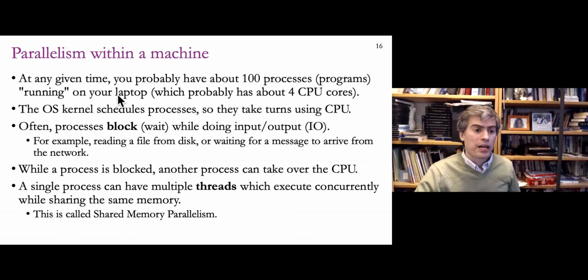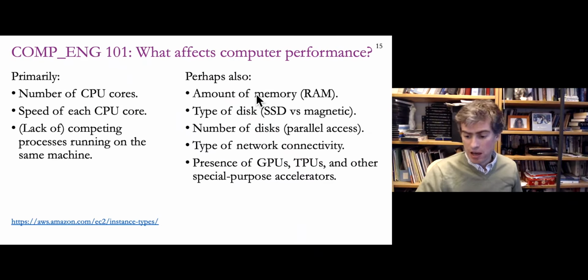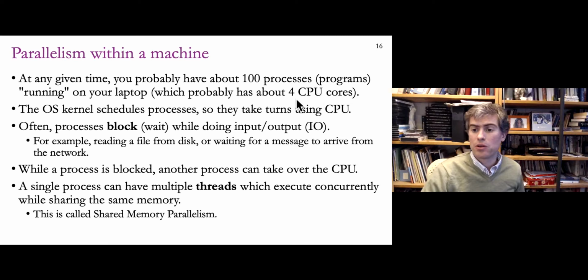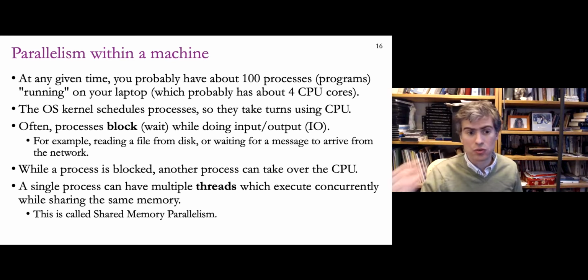What you may not realize if you haven't taken an OS class is that even on one machine, there's a lot of things happening at the same time, a lot of concurrency. On your laptop, you probably have about 100 processes or programs running at any given time, although your laptop probably only has about 4 CPU cores available to run things. So only 4 things can really run at the same time, truly.